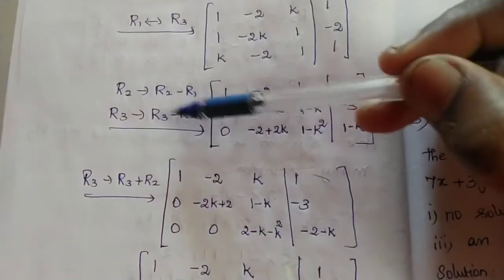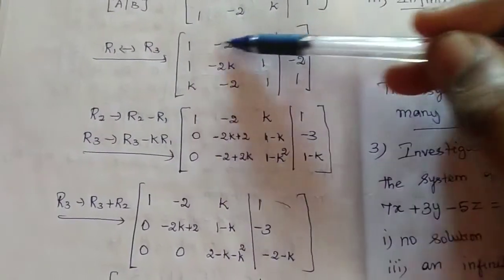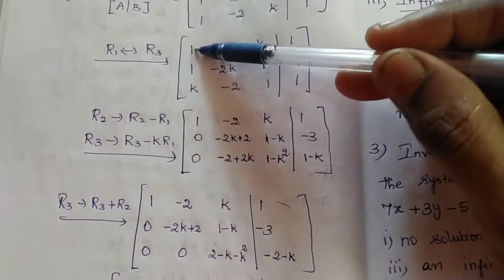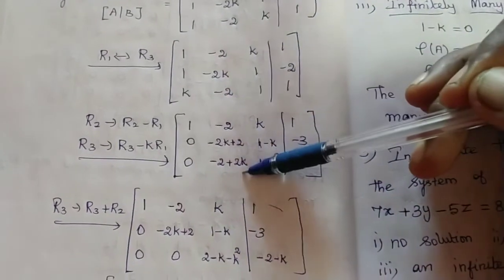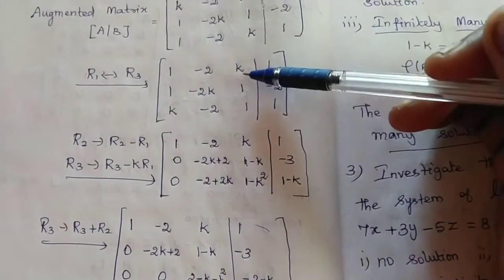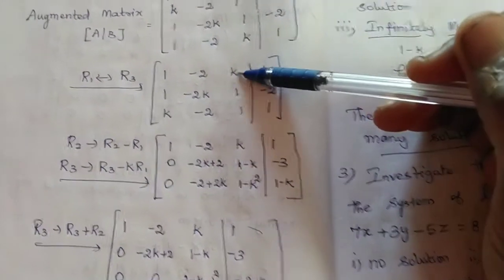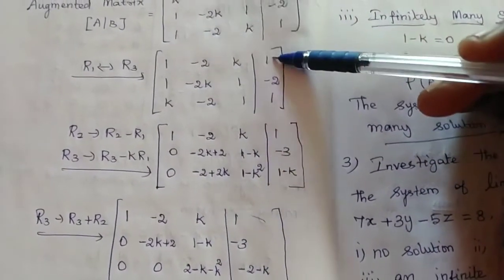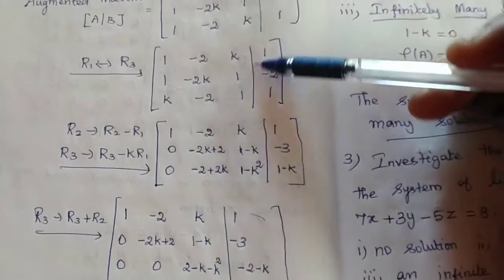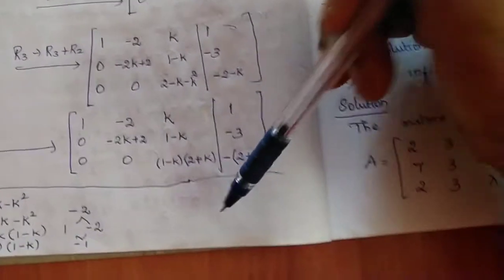Next, R3 minus k R1: k minus k is 0, minus 2 plus 2k, 1 minus k squared, and 1 minus k. If you can't understand, write it separately and then simplify.